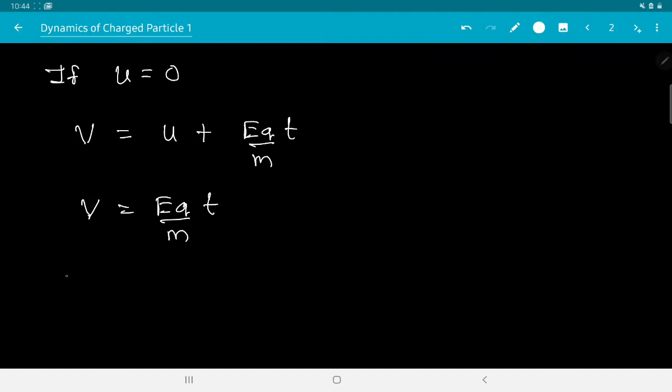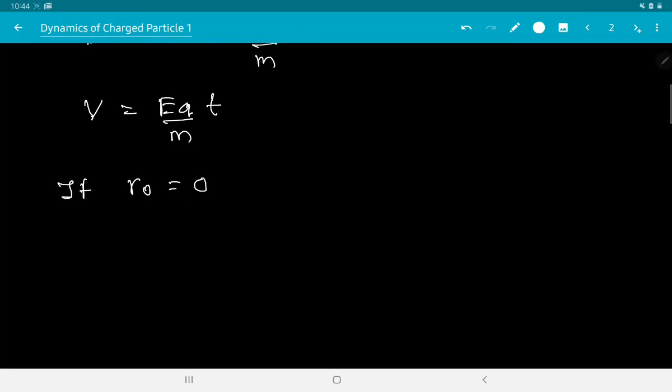Same way, if the initial velocity is 0, the initial displacement will also be 0, and the equation for the displacement at any time instance will become eq by m into t square by 2 plus u into t, where u is 0, and r naught is also 0.